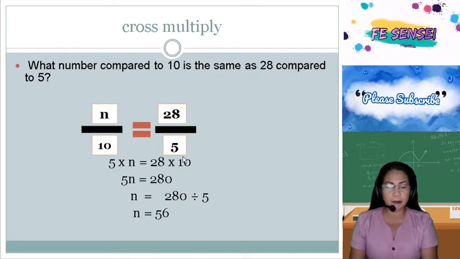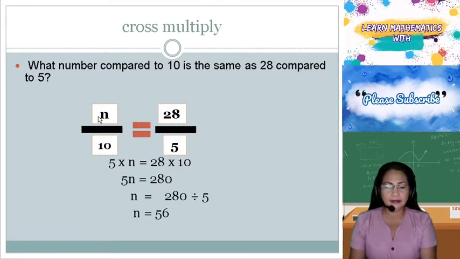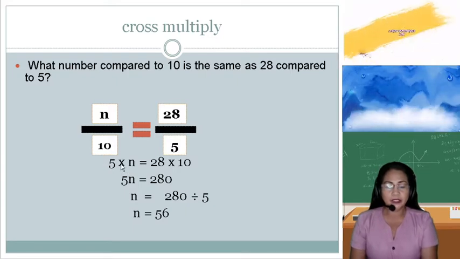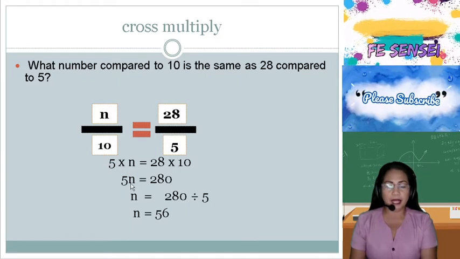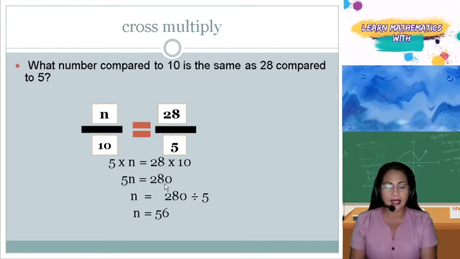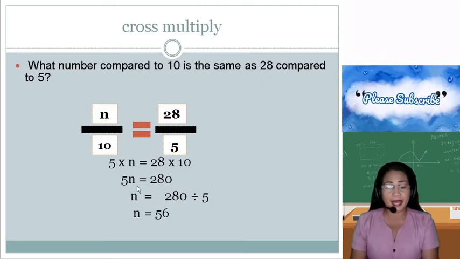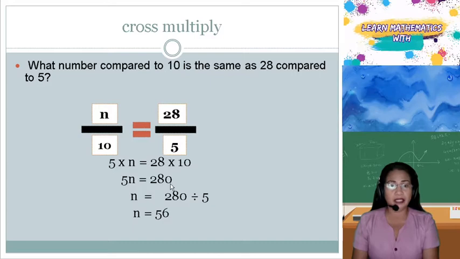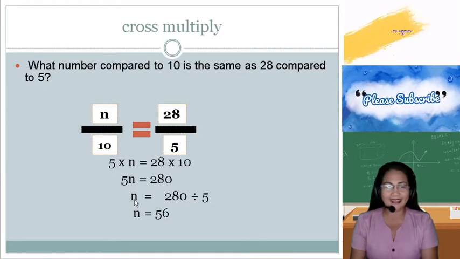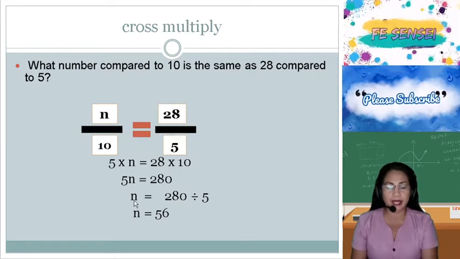So cross multiply 5 times n and 28 times 10. So 5 times n equals 5n, equals 28 times 10 is 280. For every 5n, we have 280. So, to get 1n, we will divide 5n by 5, so we have n.